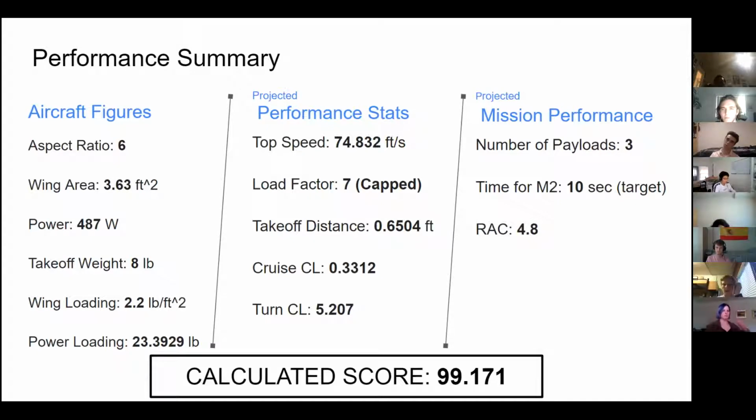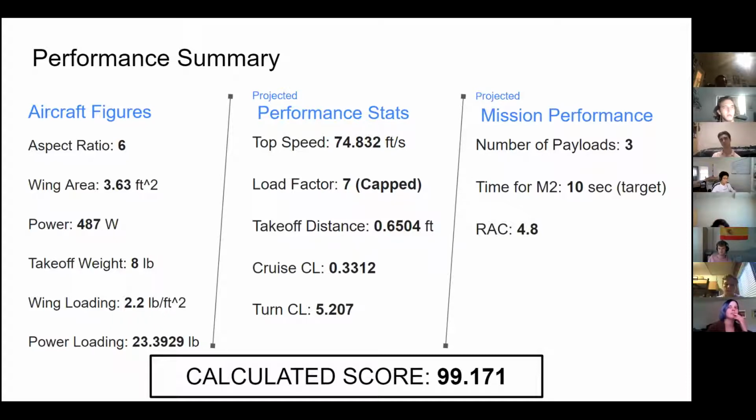We felt that 8 pounds was a practical weight, because if you go any lower than that, we were worried about wind and how that might affect our flying of a lighter plane. So we think that 8 pounds is a good sturdy estimate for a solid plane.